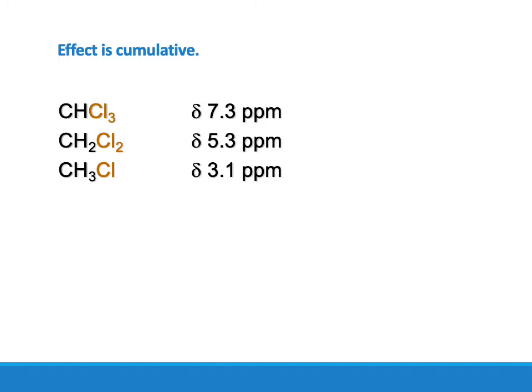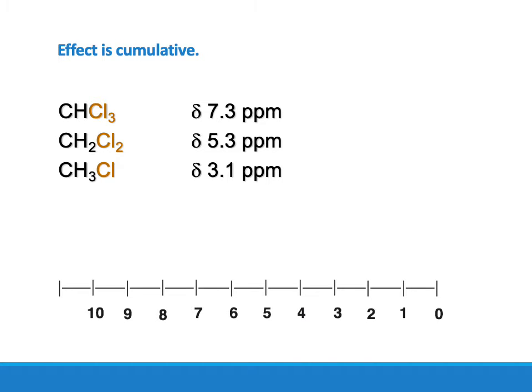So here you see the difference between CHCl3, CH2Cl2, and CH3Cl. For the first one, CH3Cl, we have a greater shielding, and then CH2Cl2 has weaker shielding, and then we have CHCl3 at the end, which has the lowest shielding.